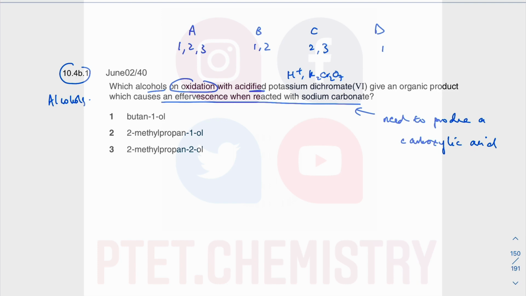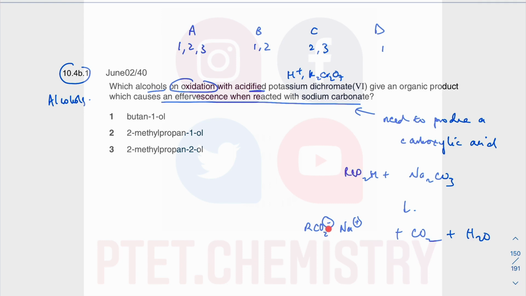So the acid will react with sodium carbonate. A lot of students don't know how to write the balanced equation. You do get carbon dioxide and water. The fizziness, the effervescence, is due to the CO2. But then your salt is going to be the carboxylate, so that is Na+ and RCO2-.